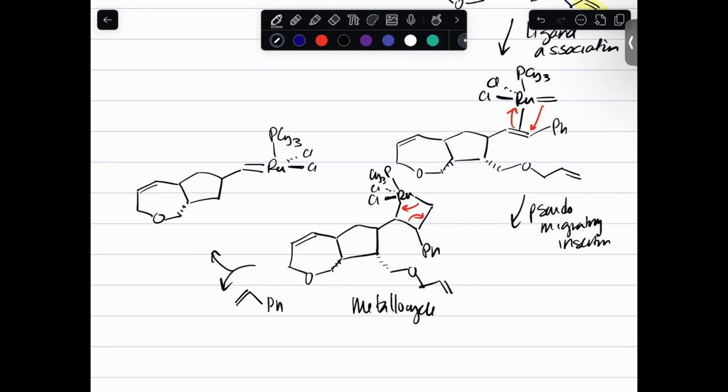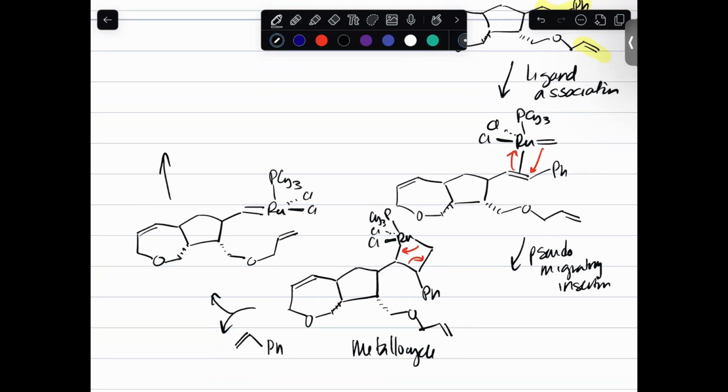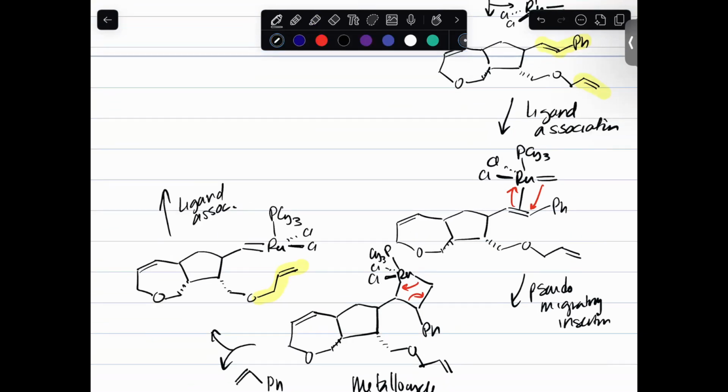Not surprisingly, again, now I do my ligand dissociation. Please notice how I've maneuvered my allylic system so I can put it really close to my ruthenium, right? Let me redraw this.